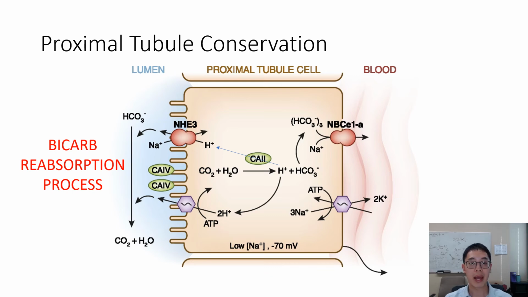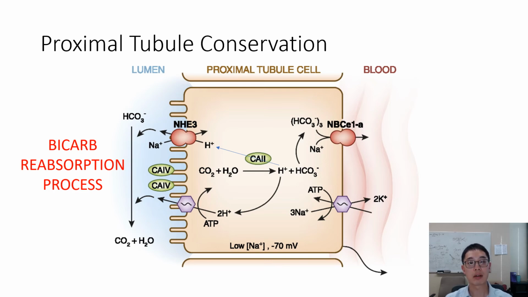The bicarbonate anion then gets reabsorbed into the blood through translocation with a sodium molecule via the sodium bicarbonate exchanger NBC1 transporter. The proton is then recycled back into the lumen of the urine via the sodium hydrogen exchanger, or NHE3. These enzymatic processes are incredibly efficient and are able to recapture the majority of the bicarbonate that is excreted in the urine.